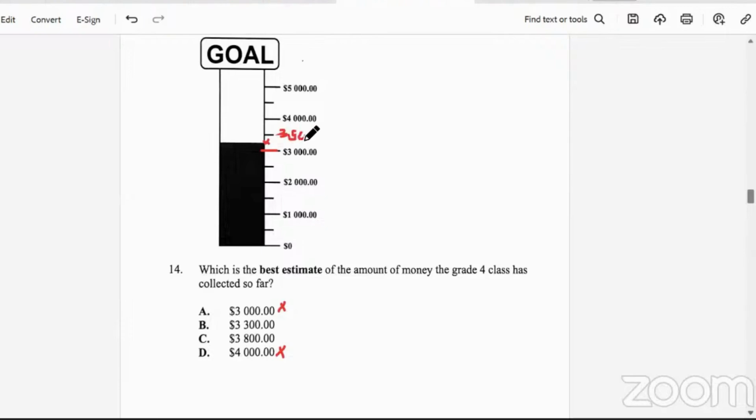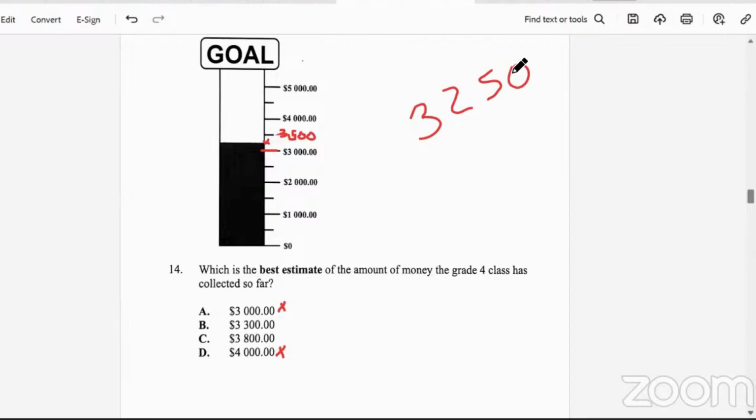Where they are currently is between the 3,000 and the 3,500 mark. It pretty much looks like halfway between. So I would say it's at maybe 3,250. So my estimate is that the amount of money they've collected so far is 3,250, somewhere between 3,000 and 3,500. It looks about halfway there.